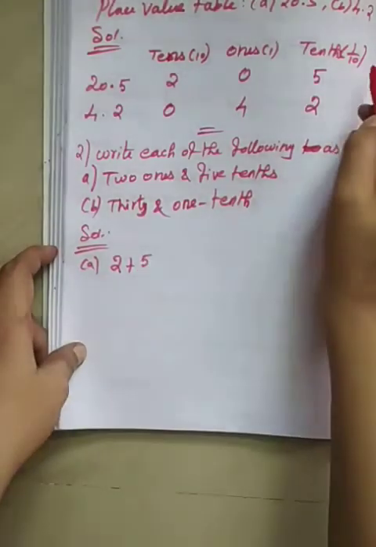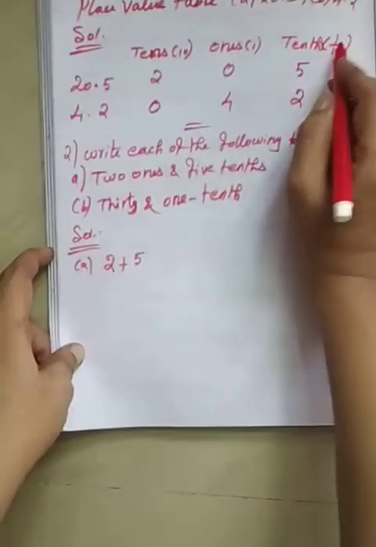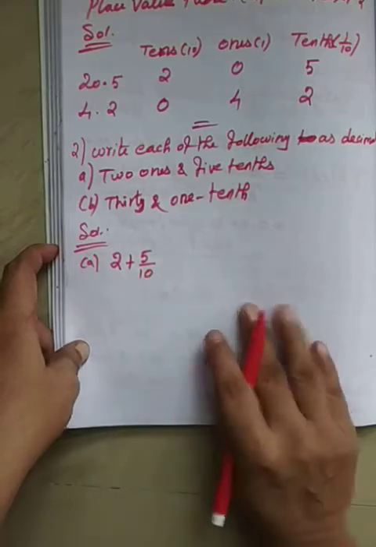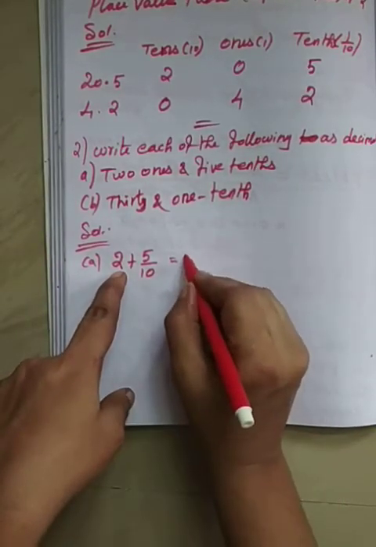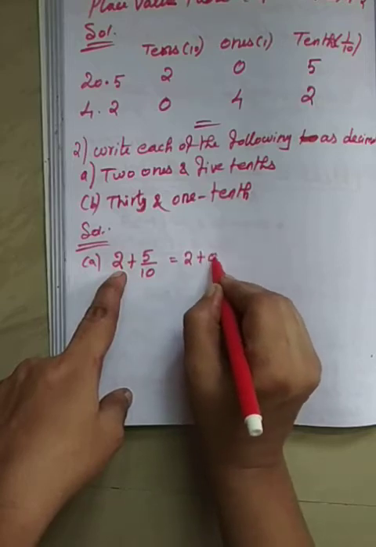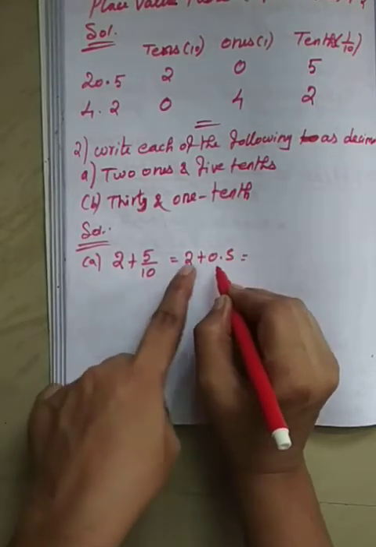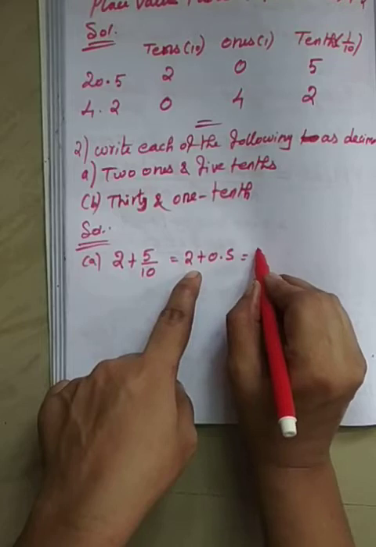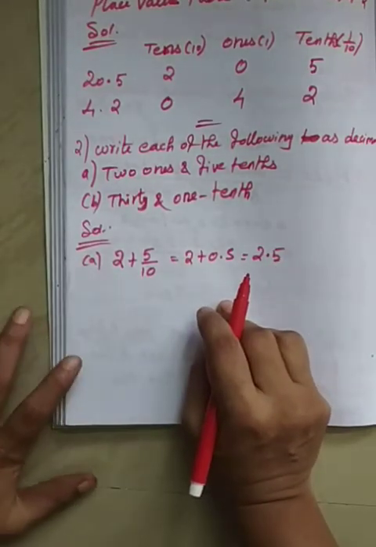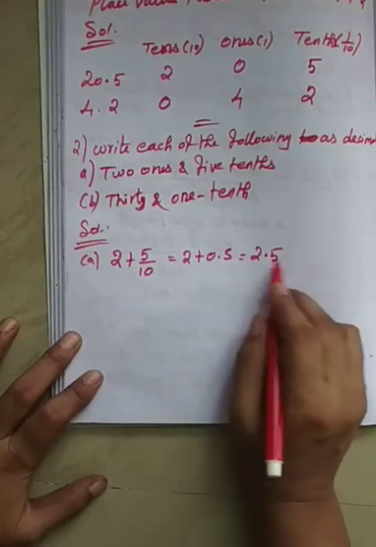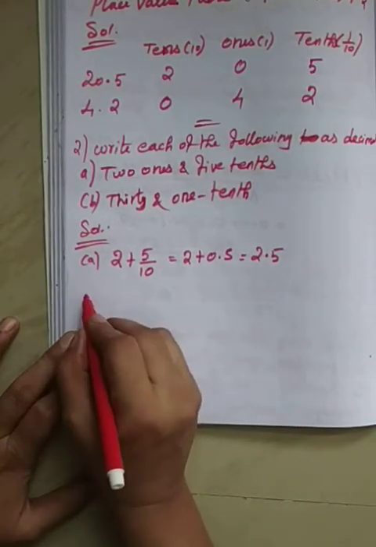Tenths means 1/10, so you have to write 5/10. Now you can write 2 plus 0.5. Then what is 2 plus 0.5? 2.5. Everybody clear now? This is the decimal value.